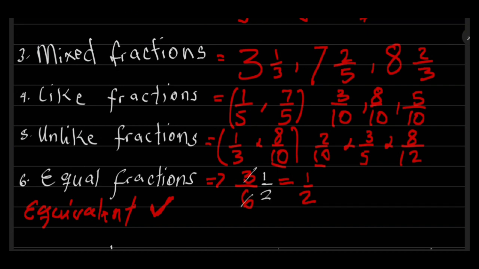So that gives us 1 over 2. This same 1 over 2 could also be written as 10 on 20 or 50 on 100. They are all equal or equivalent fractions because their values are the same.